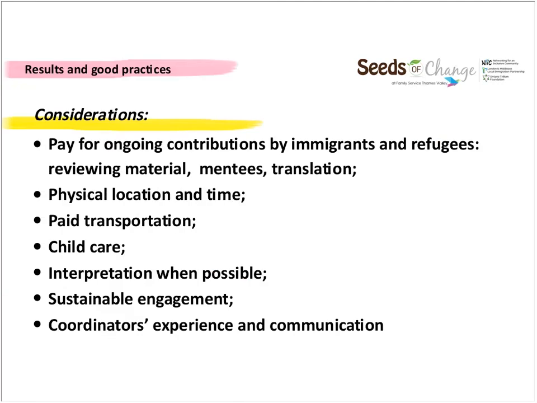So some of the things that we made sure we incorporated throughout the project included making sure that we pay for ongoing contributions for immigrants and refugees, making sure that whatever we offer is in a good physical location and is accessible.